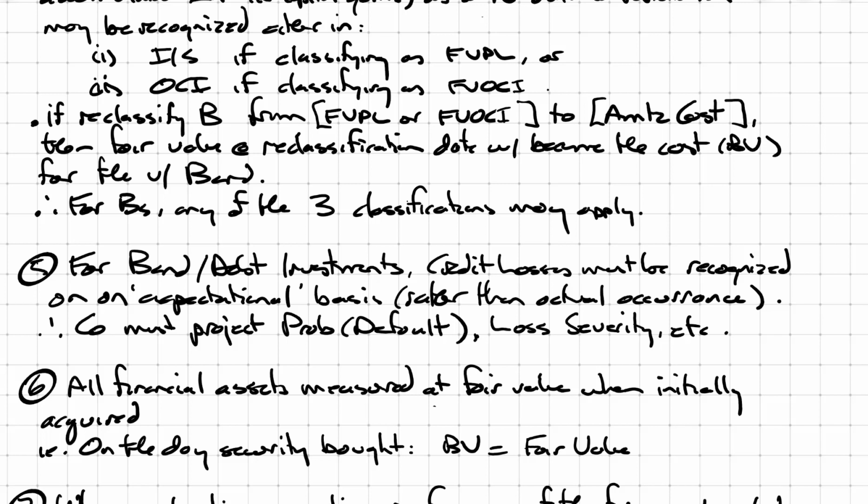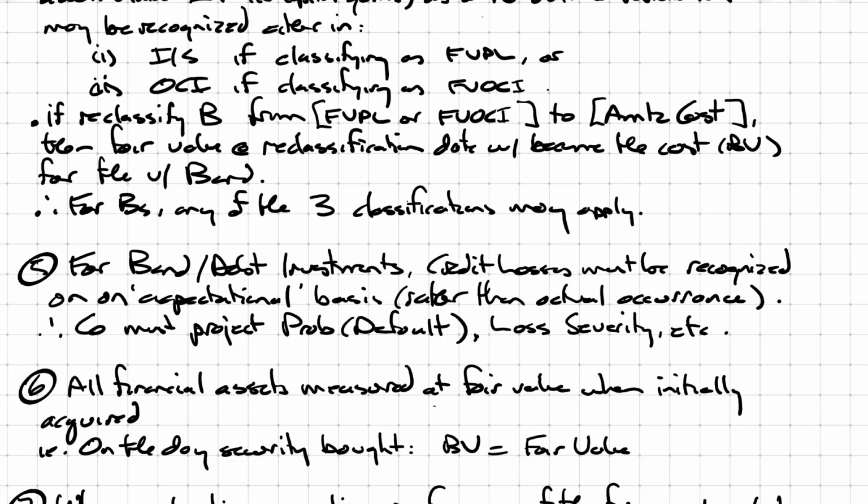So, for example, if the bond is trading at 100 today, but we expect a rating downgrade over the next year, and we expect the price to drop 70, then we would actually have to write down the value of that bond today, even though the rating downgrade hasn't happened yet, or the loss hasn't happened yet.